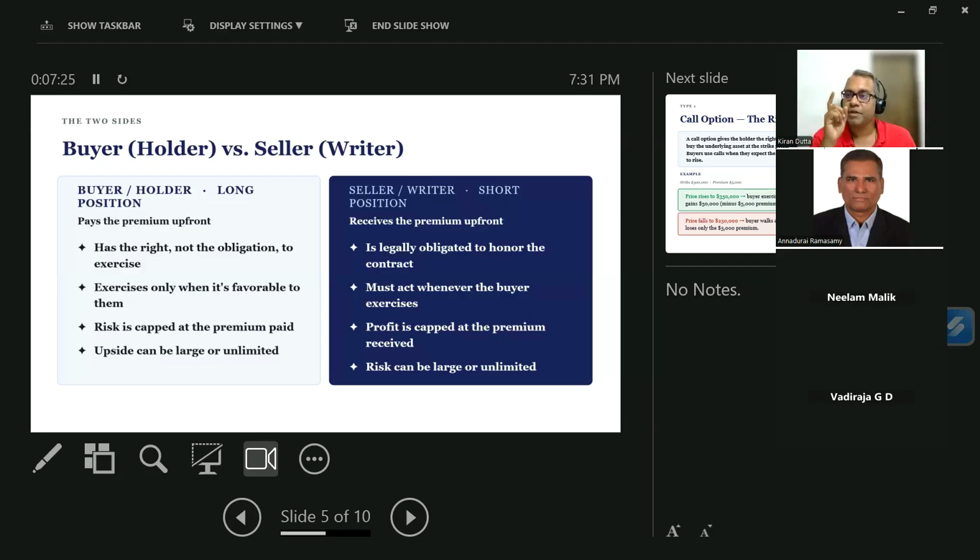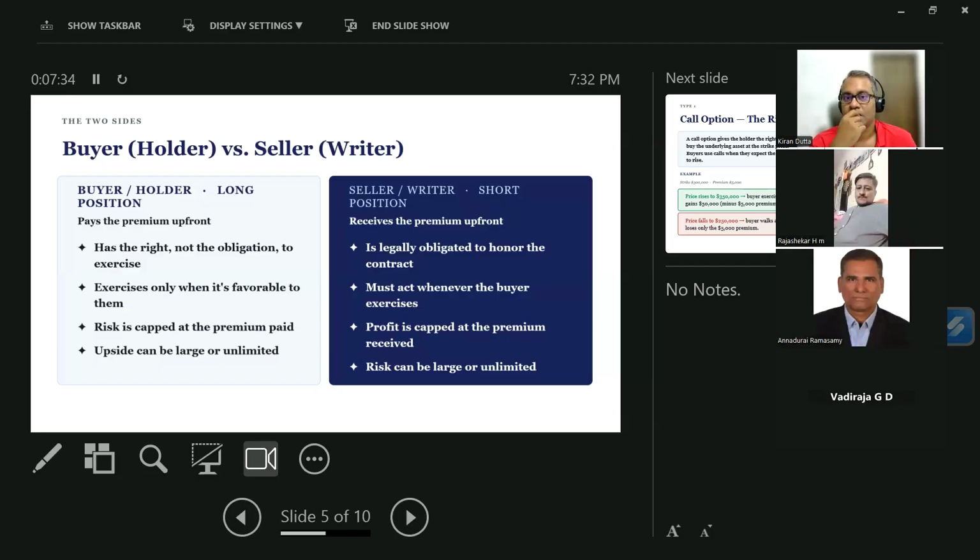But say if the price goes from 1 crore to 65 lakhs, what is the loss for the option seller? 34 lakhs.